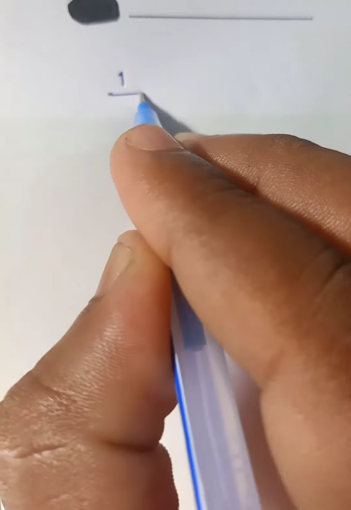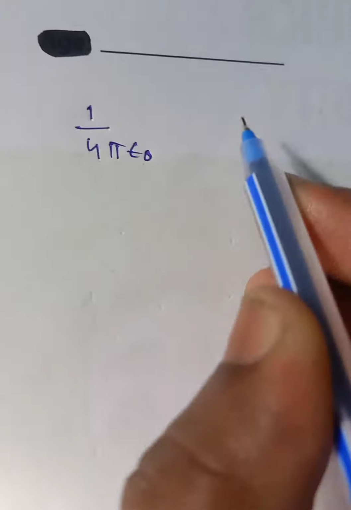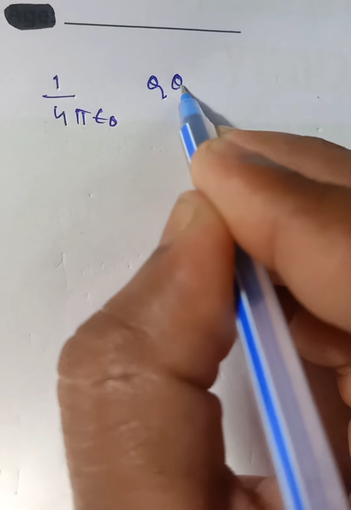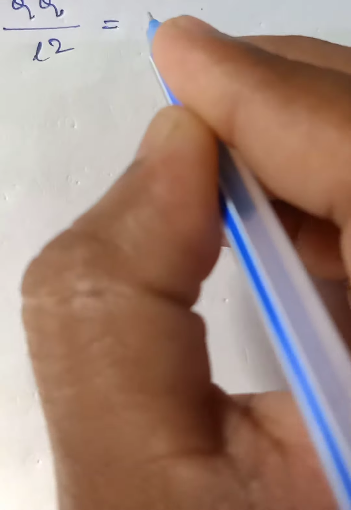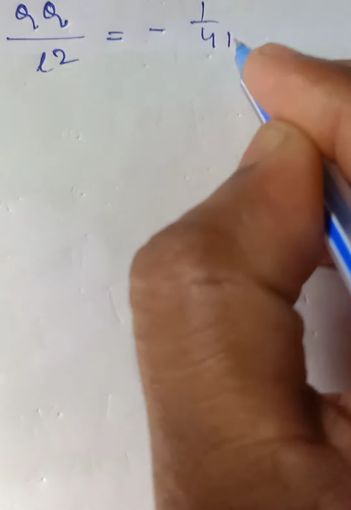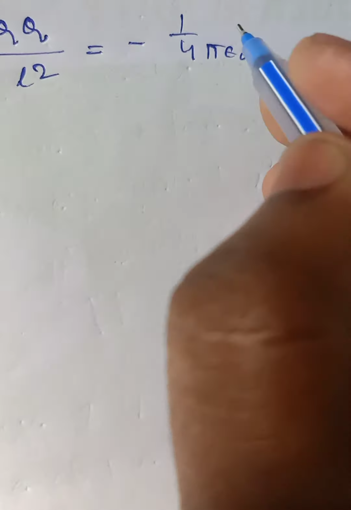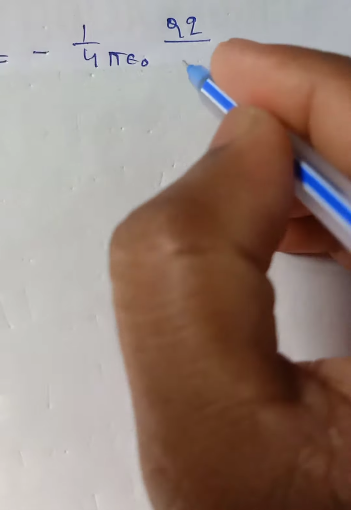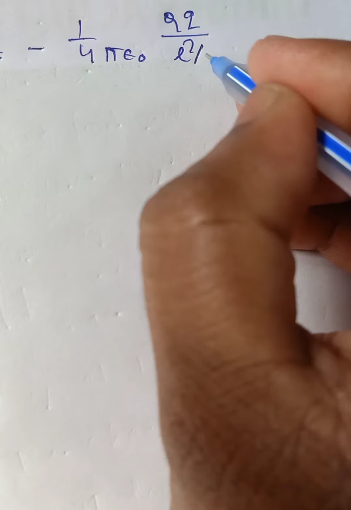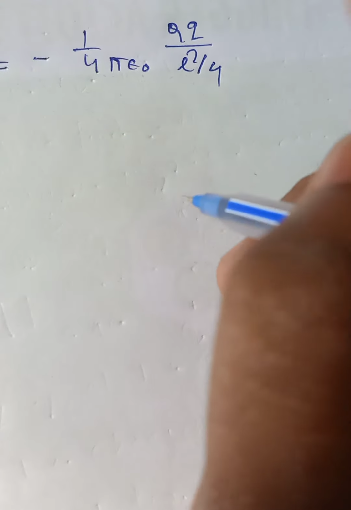So 1 by 4 pi epsilon naught capital Q divided by L square is equal to minus 1 by 4 pi epsilon naught capital Q small q divided by L square by 4. Yes or no? L by 2 whole square is L square by 4.